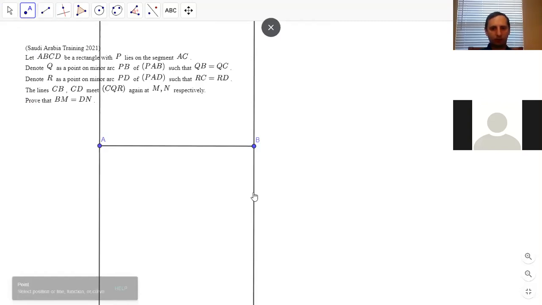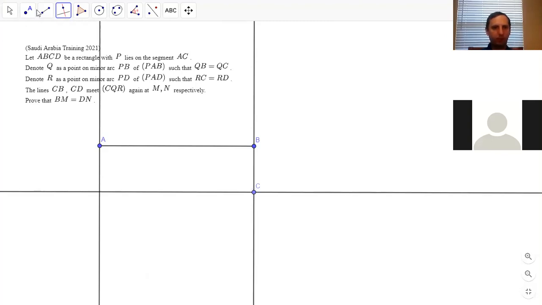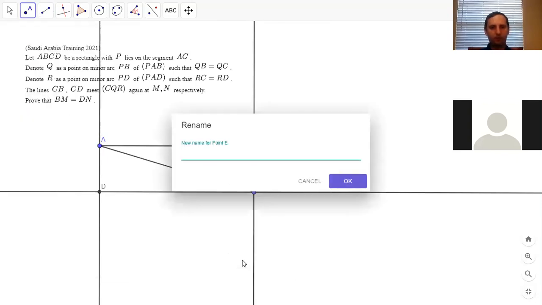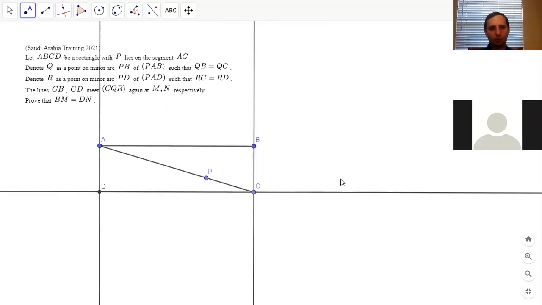So this is point C. Then we have point D. And P is on the segment AC. So that's P. Then we want to draw the two circles, PAB and PAD.